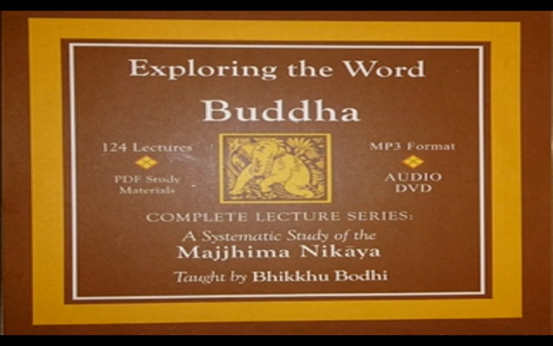Okay, now we have these three types of feelings. And now these three types of feelings are correlated with three different tendencies, deep underlying tendencies of the mind. Here the key word is anusaya.